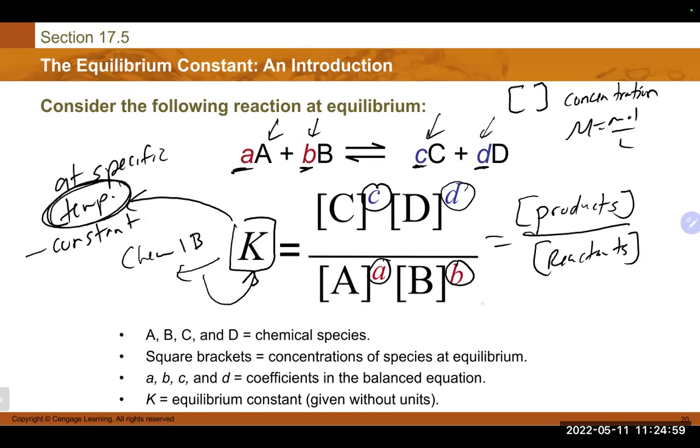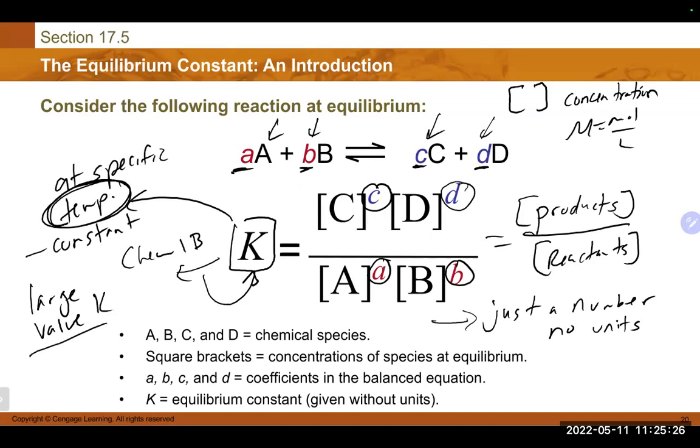Well, K is one of the few things in chemistry that is just a number, so there are no units associated with it in most cases. But it does tell us a couple of important things. First off, if we have a large value of K, would I have mainly reactants or products if I reached equilibrium?